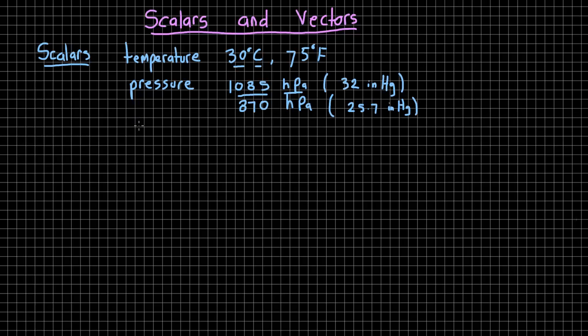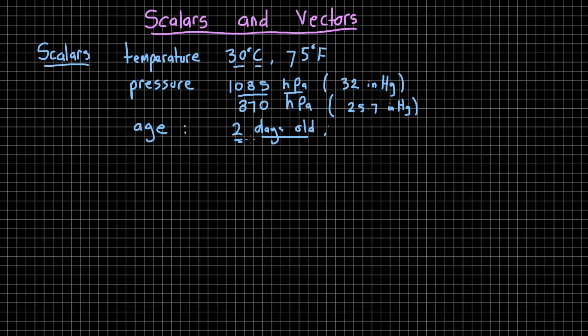Let's do one more. Age. Age is a scalar quantity. So some baby might be 2 days old. So we've got a quantity, 2, and a unit, days old.